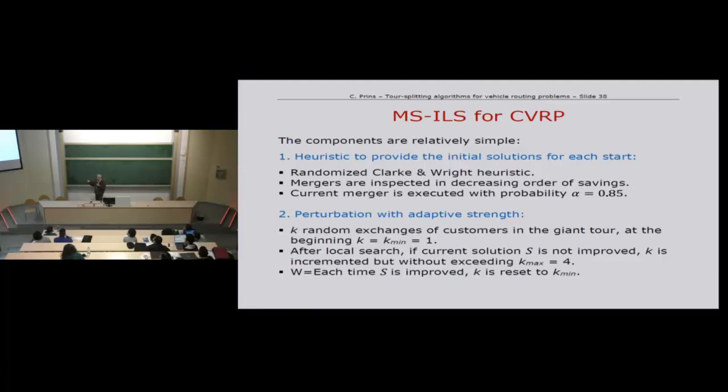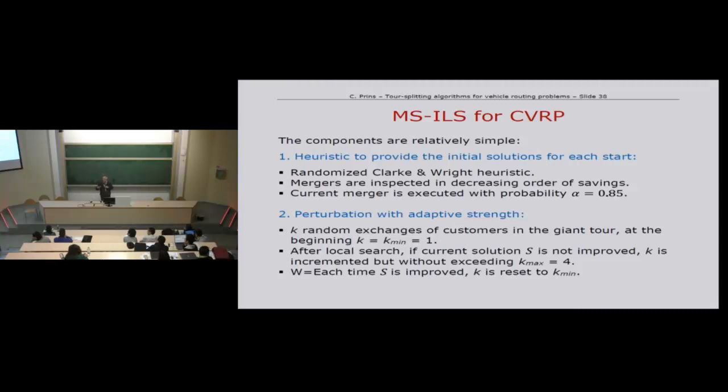On the other hand, each time S is improved, k is reset to its minimum value. So it means that the strength of the perturbation, the number of exchanges, varies from 1 to 4. As long as at each iteration you improve, it means that your perturbation is strong enough, so you will have k equal to 1.